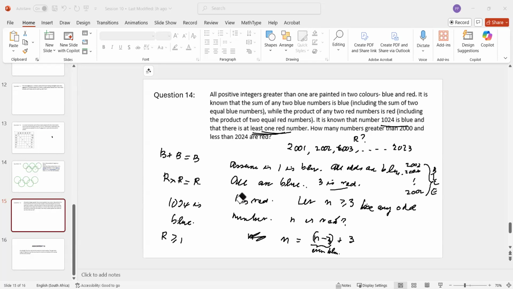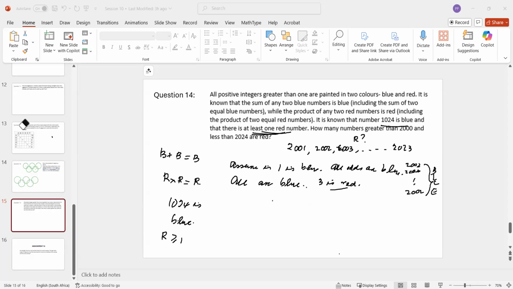So take any odd number and assume it's blue, or assume that there is an odd number which is blue. So suppose some odd number is blue. And then you can prove that any odd number greater than 3 is blue.